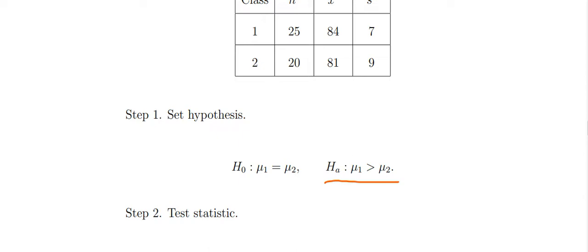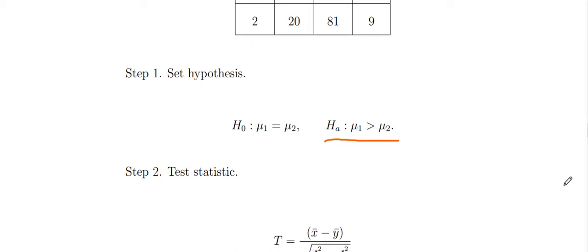So mu1, mu2 here means, if we have many exams and class 1 is always better, mu1 is larger than mu2, then we can say class 1 always performs better than class 2. So we wanted to test that.